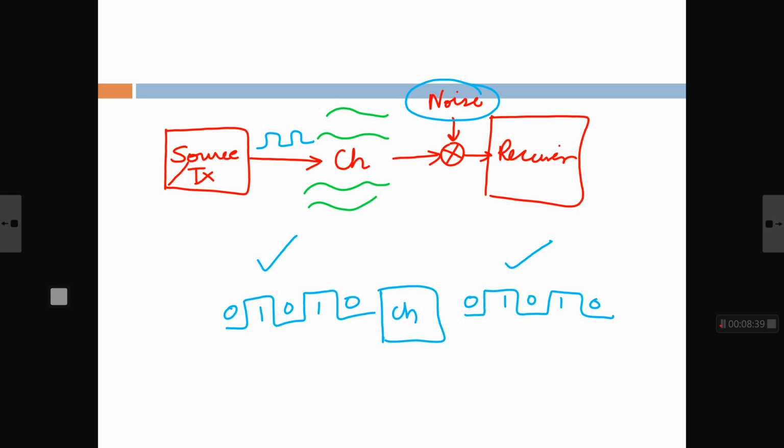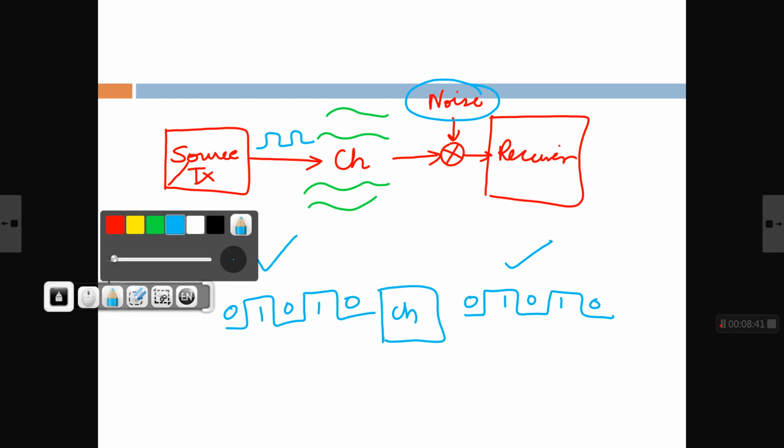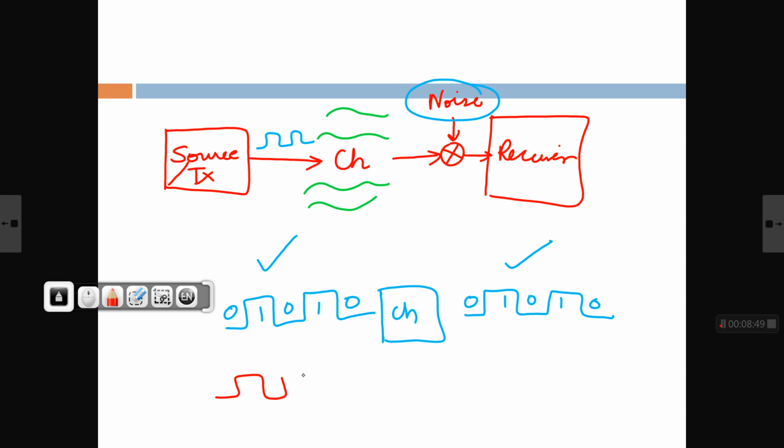But supposing there is noise, then even if there is noise, it is possible to get the data back. Supposing you are transmitting this particular data and there is noise, so along with the noise your data may not be like this, it would be something else.